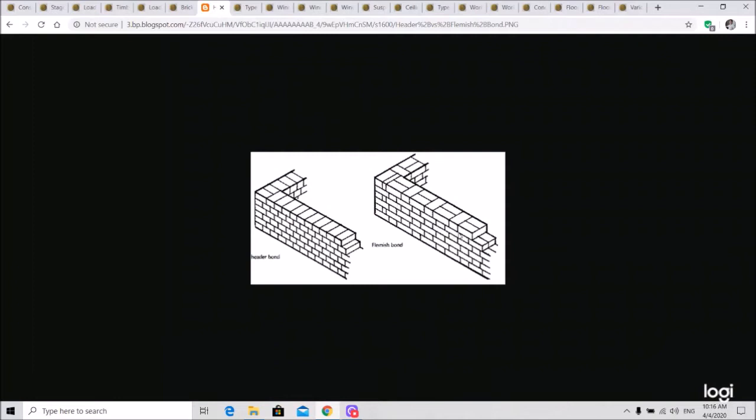But when you do this until it goes to the end of the wall, it becomes uneven. At the end of the wall, you cannot be uneven, so you have to use the whole block. So here it uses a header on one side and the stretcher on the other side. And then here it uses stretcher on this side, but the header is on the other side.